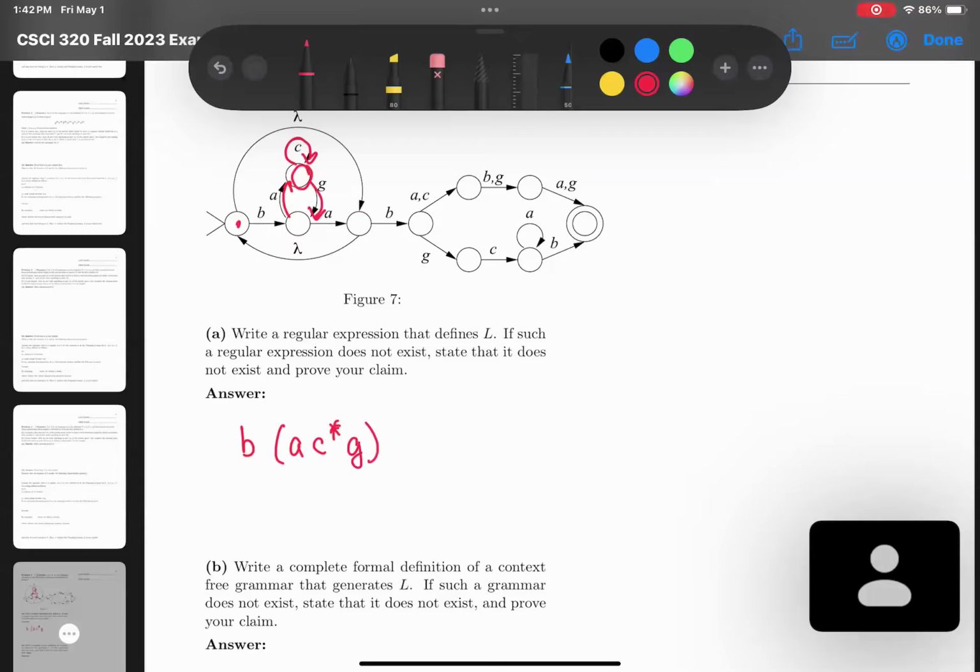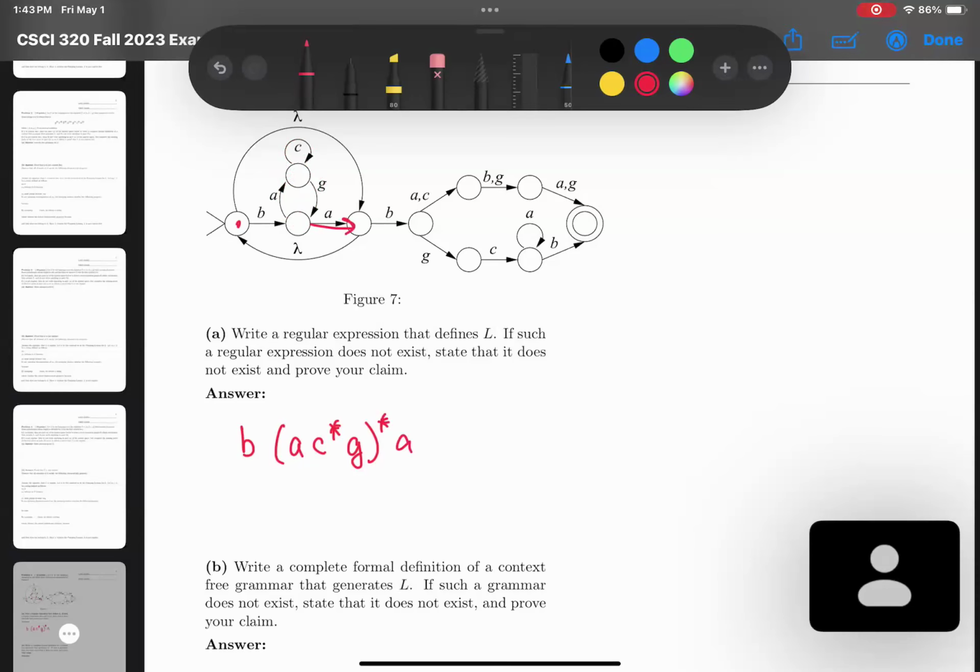So G over here, and then this can take itself as many times as you wish. That's why this would be starred. And finally, when we want to exit that, we can just take an A to move on. So that's A over there.